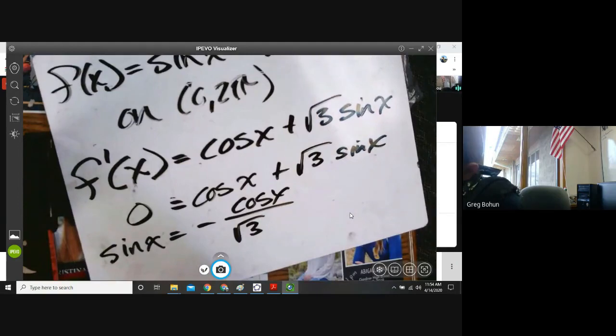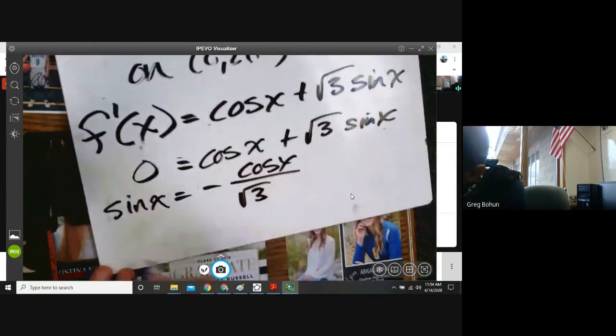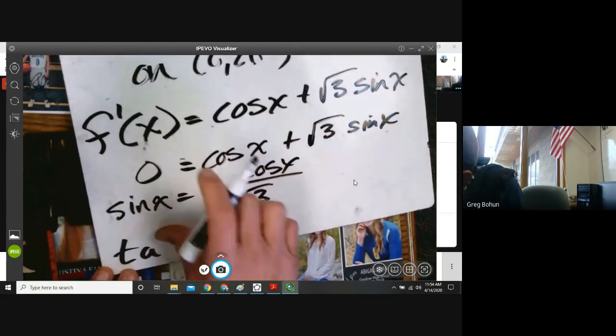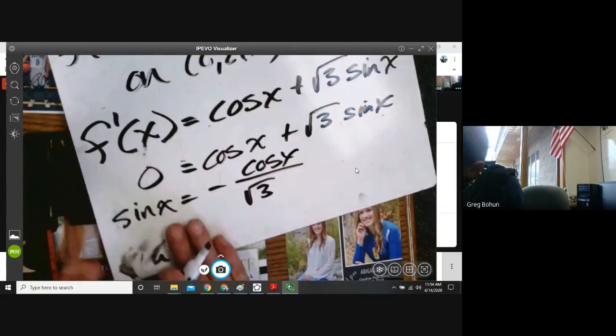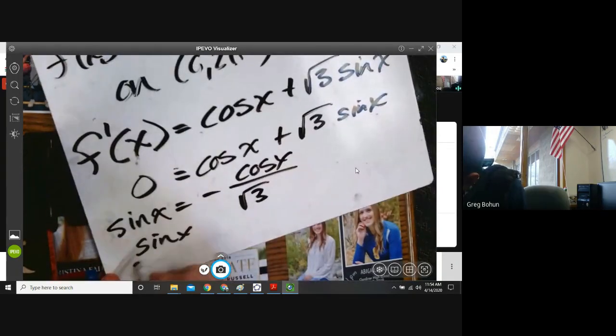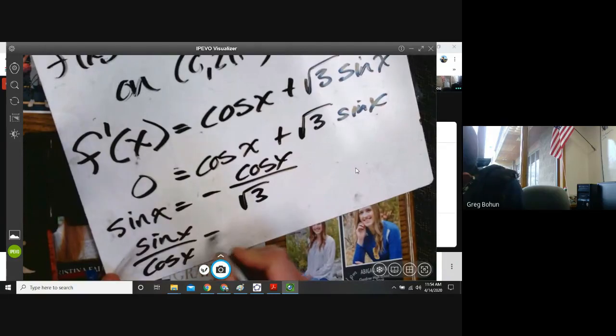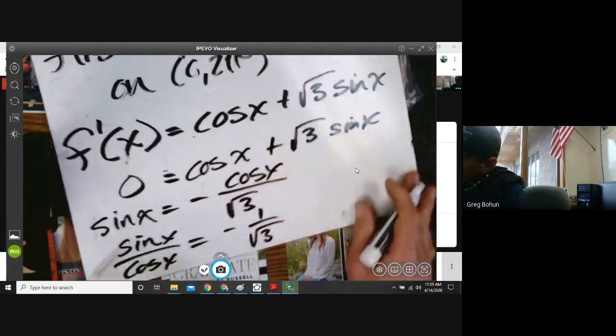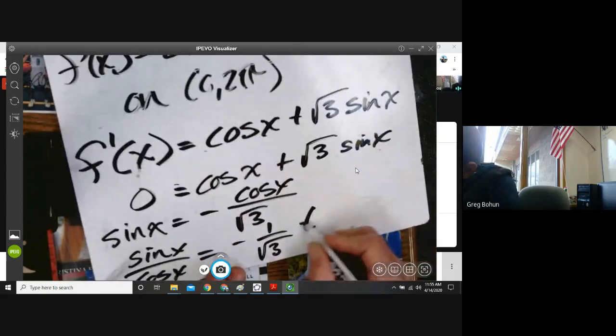And then if I divide both sides by the cosine, I get that the tan of x, well, I won't skip a step here. The sine of x divided by the cosine of x is equal to minus 1 over the square root of 3, and that is the tan of x.